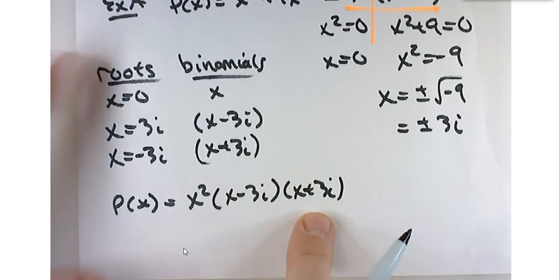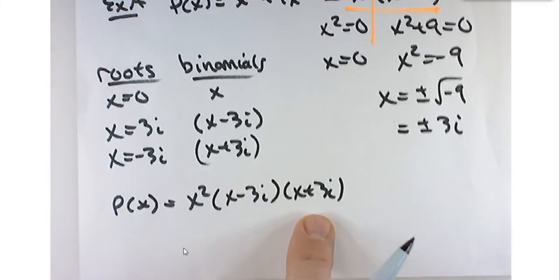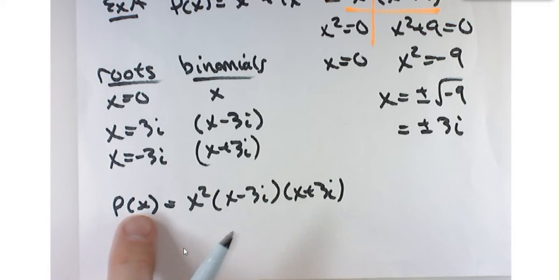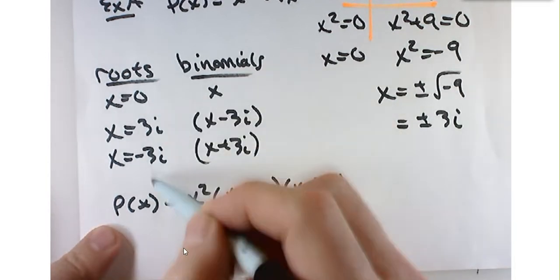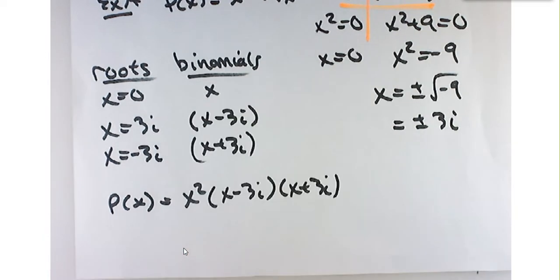So that's the factorization of p of x. And along the way, we also found the roots. So nice. In section 3.5, you're going to start getting lots of imaginary or complex roots.